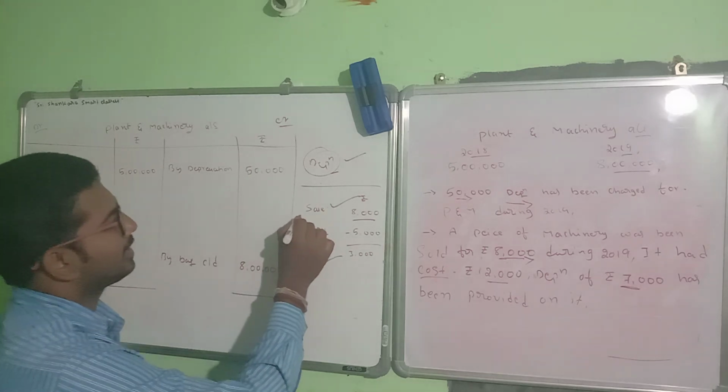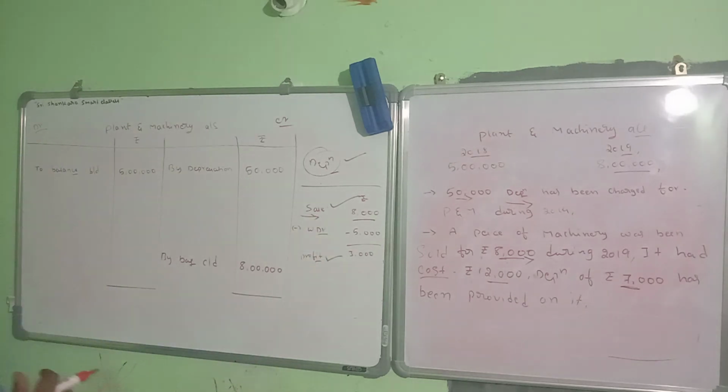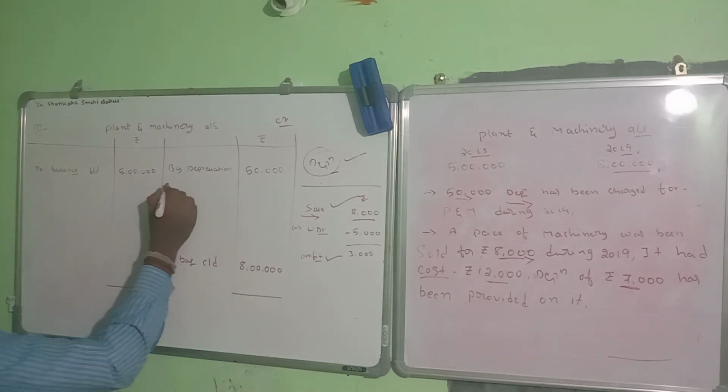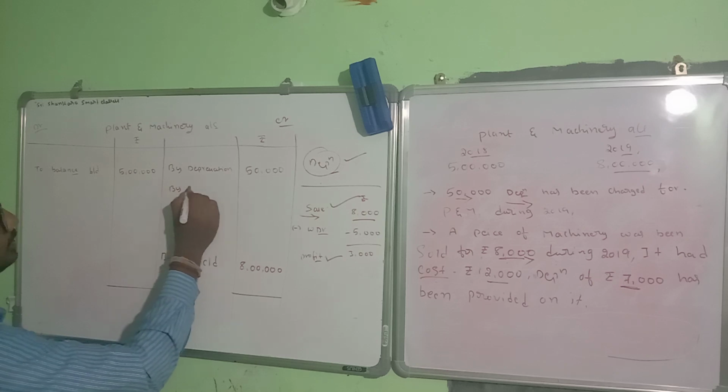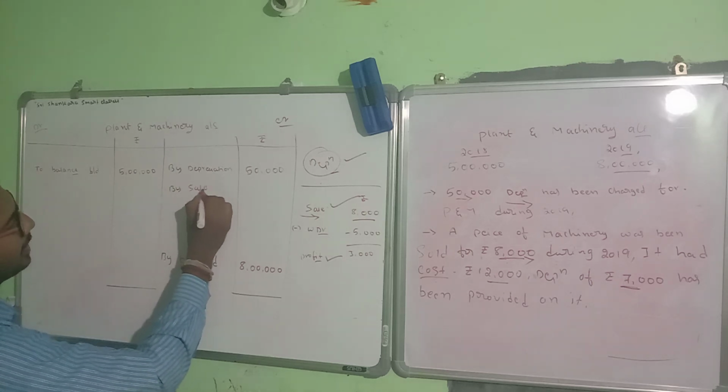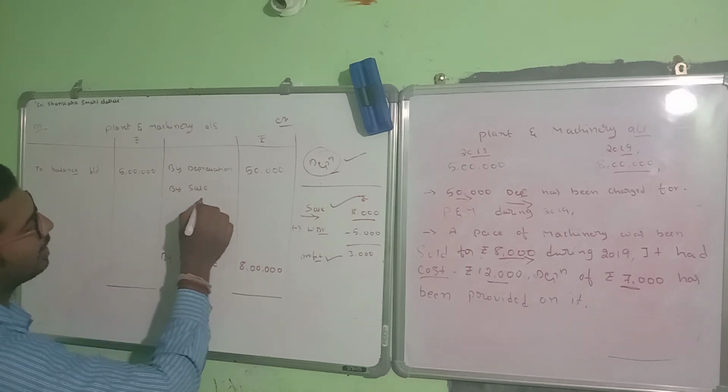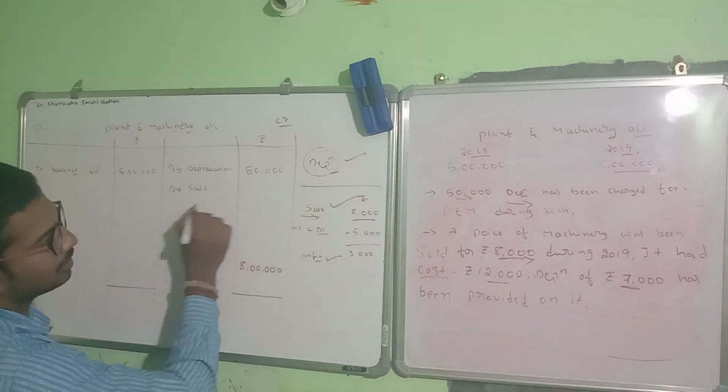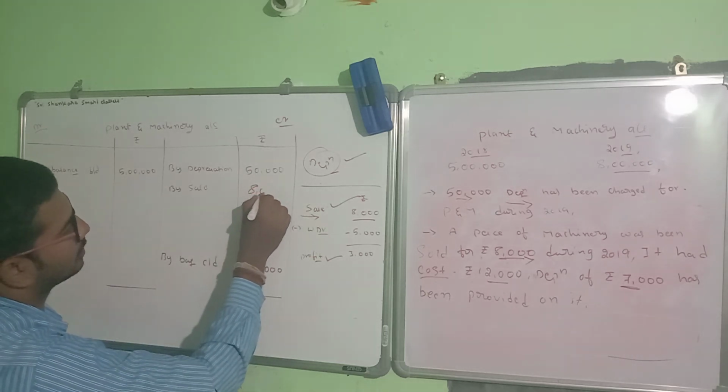And again, sale. Sale means a part of the machinery is going out of the machinery, so you should record it on the credit side, by sale of machinery or by bank account, 8,000.